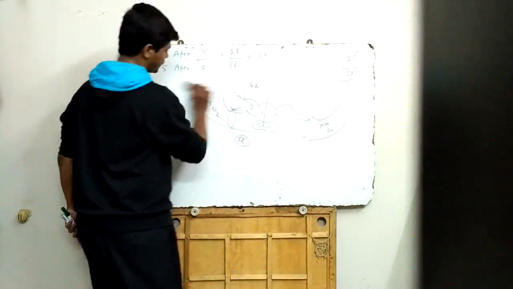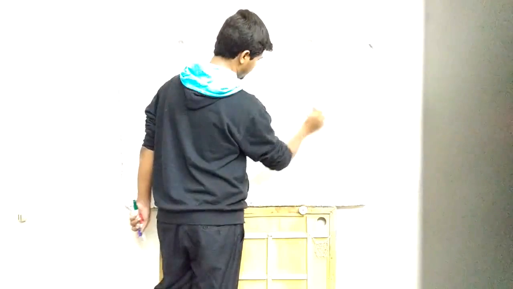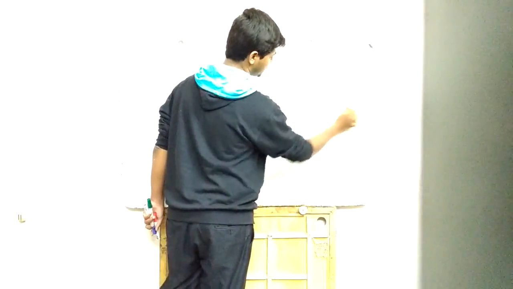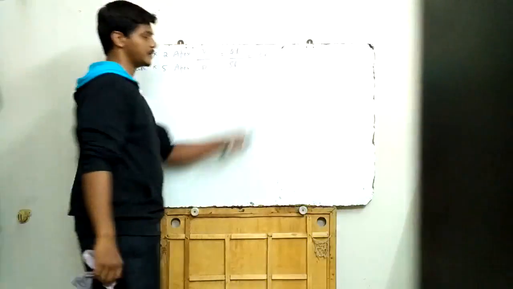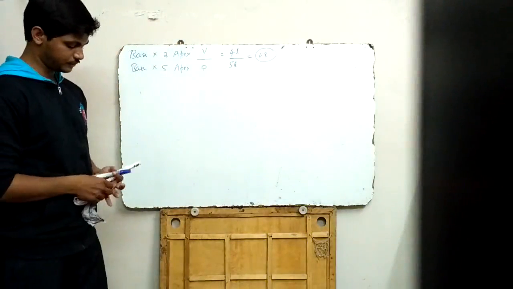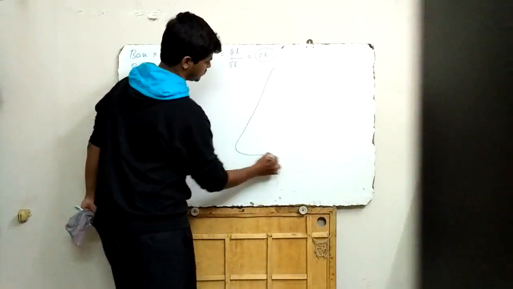Again, since the ventilation is different at different levels and the perfusion is different at different levels, the ventilation perfusion ratio will also vary. These are the level of the heart. Right? We will take this lung.